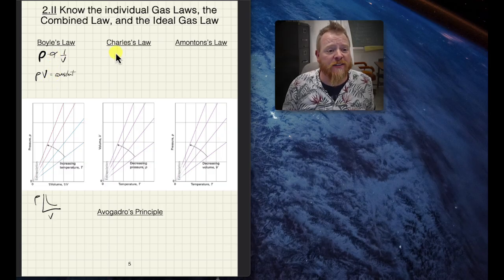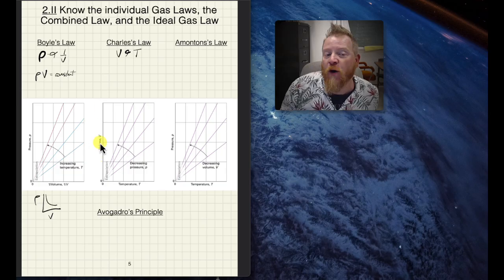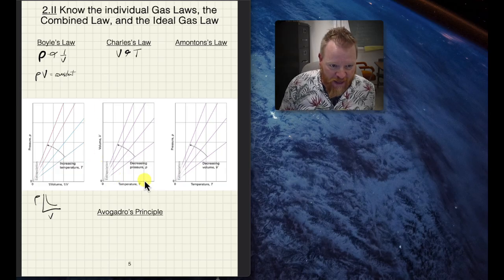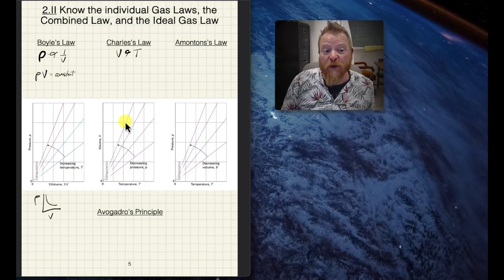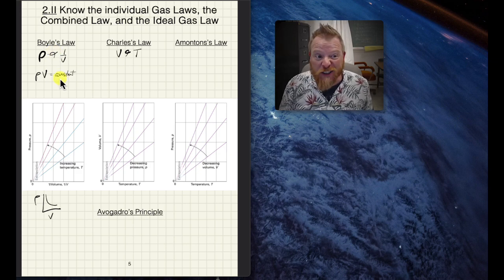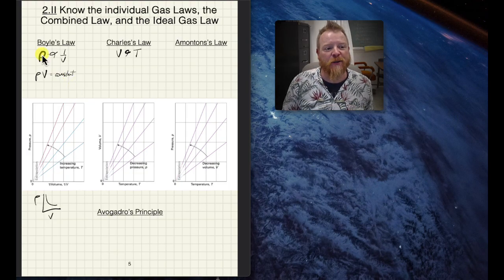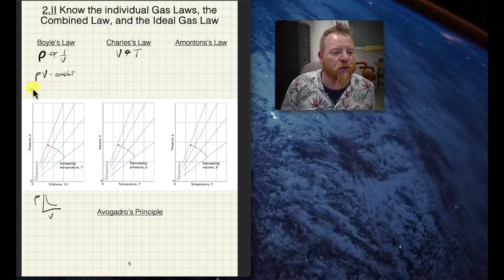Charles' law says that the volume of a gas is directly proportional to its temperature. And we can see here in a graph of volume on the y-axis and temperature on the x-axis, we get another straight line. And of course, by the way, I didn't mention in Boyle's law here, if we're thinking about how this relates to a state function, where we have P, V, N, and T all to consider, Boyle's law is only true at constant N and T, right?